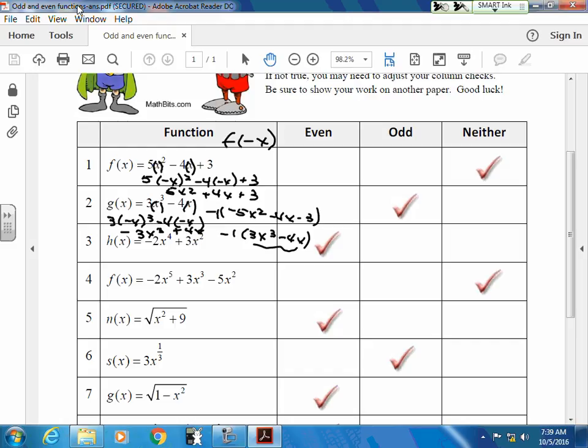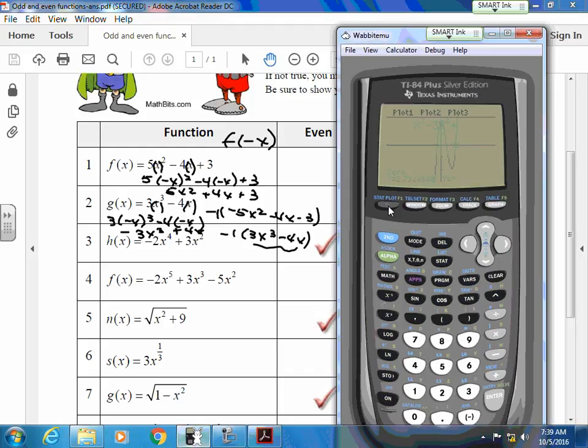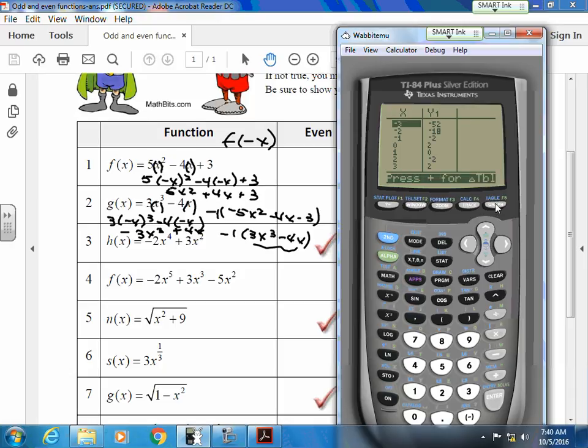So a nice way to look at your graph, if you pull this up, is look at your table. Use your rules of transformation. In your table, let me put this in and I'll put this guy in.